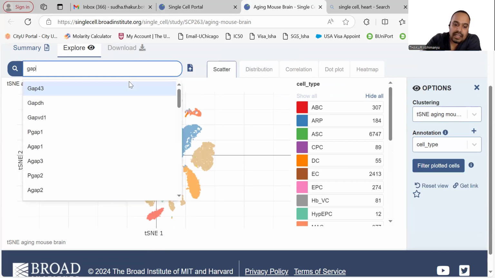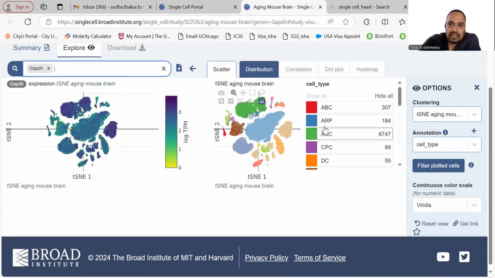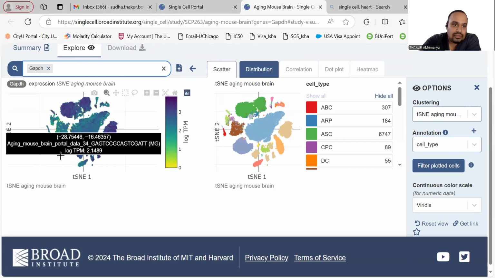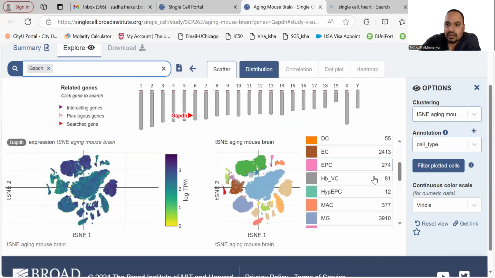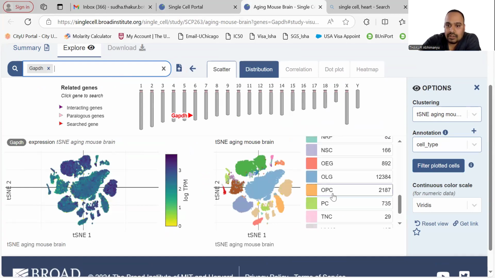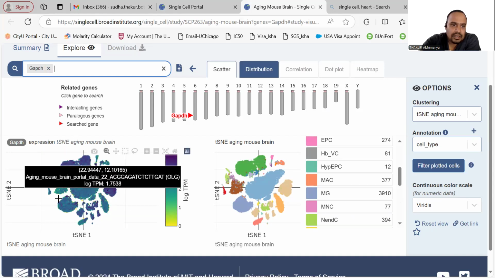Let's identify GAPDH. You can easily check it. You will see there are many different cell types, and it is abundantly present in most of the major cell types, including oligodendrocytes, OPCs, oligodendrocyte progenitor cells, and even neurons and macrophages. So you can easily see its distribution.